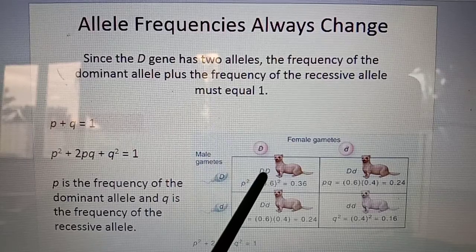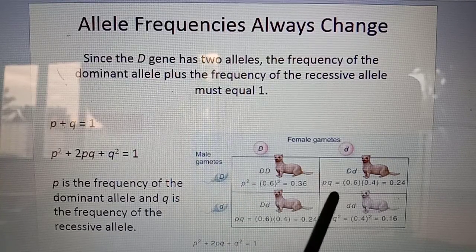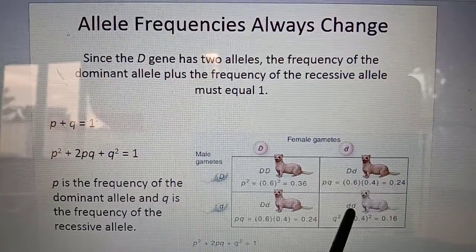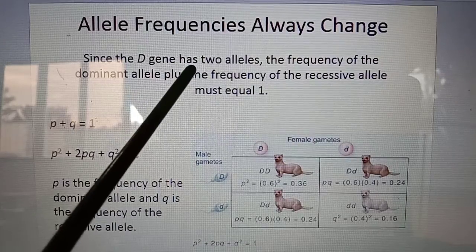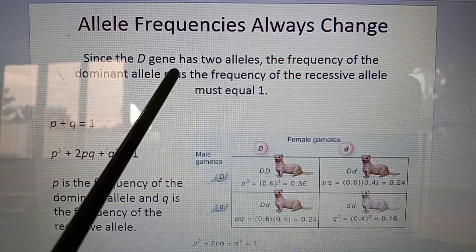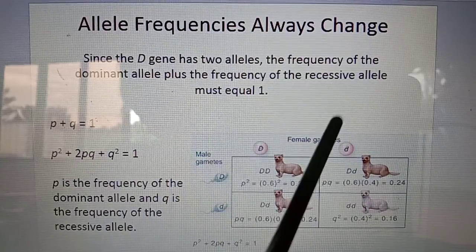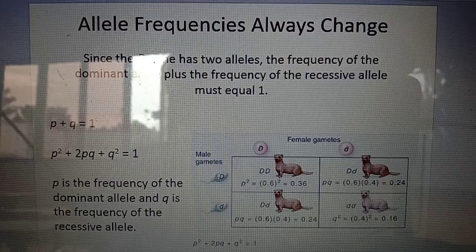We have 1 big D and 1 small d. So that is the principle: the frequency of the dominant allele plus the frequency of the recessive allele must be equal to 1.